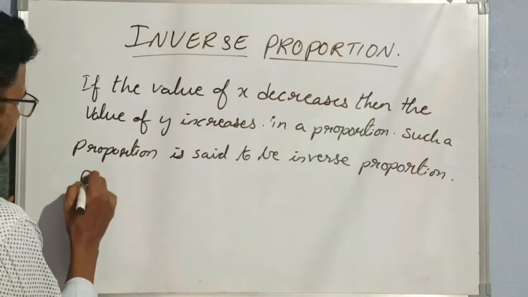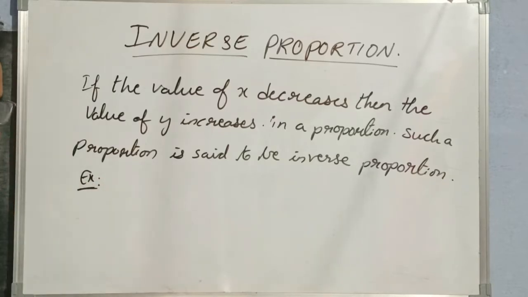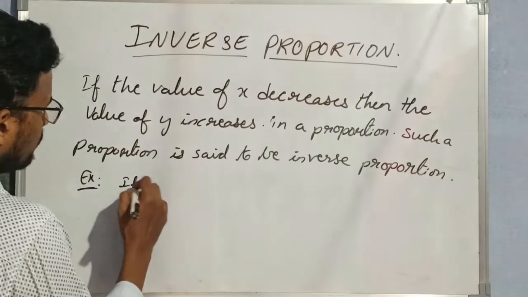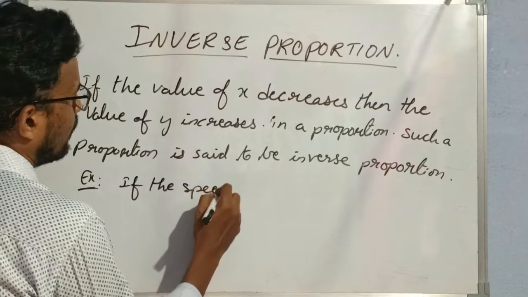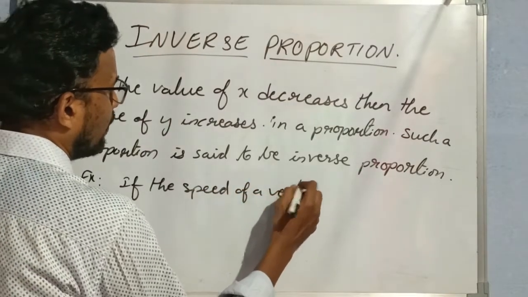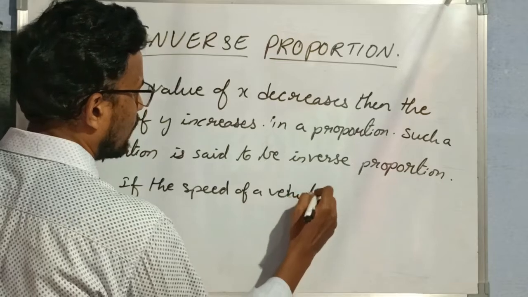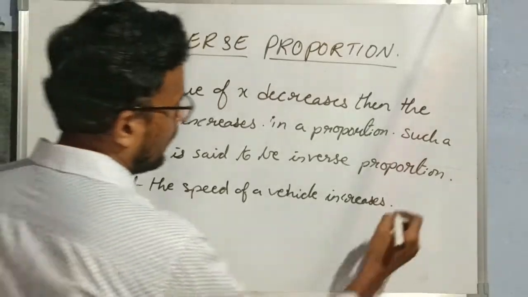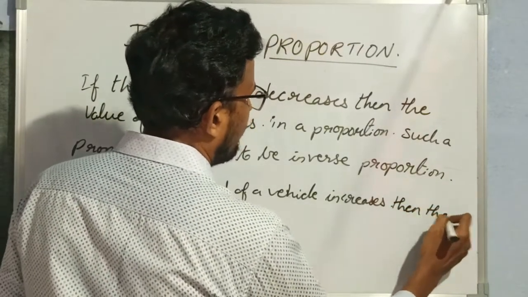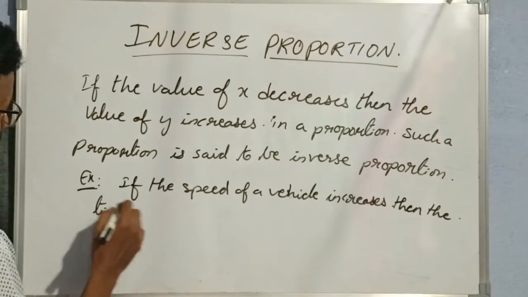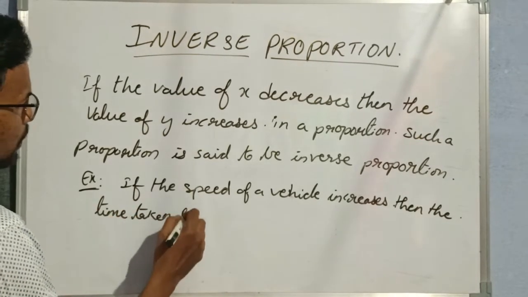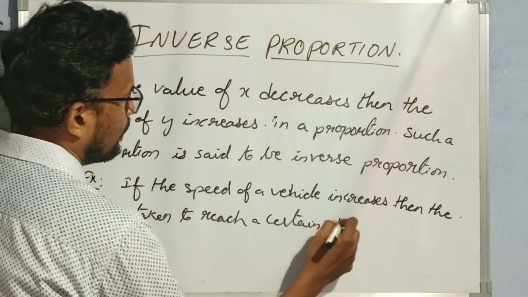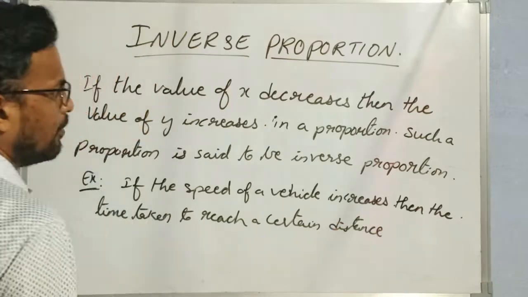So for example, the best example is speed and time. If the speed of a vehicle increases, then the time taken to reach a certain distance, what will it be?